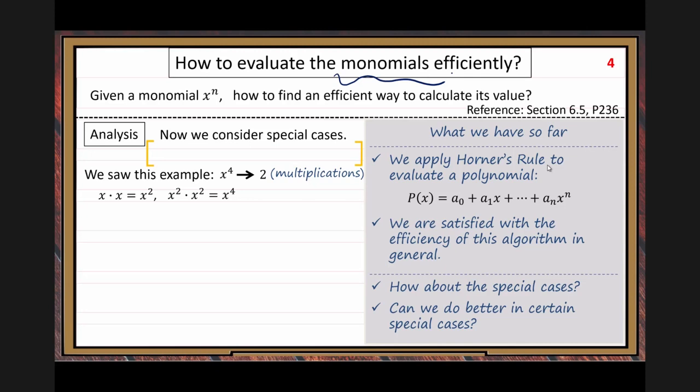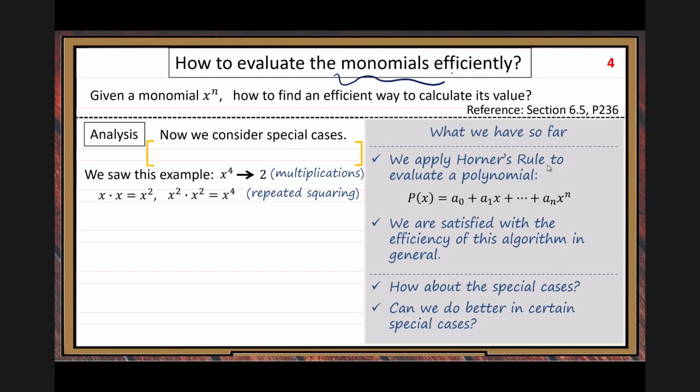So we skip that multiplication. If you wanted to take x squared times x for x cubed, it's not needed. So we save that multiplication. So we can do a little better for this x to the fourth. The reason we can do better is that we apply this repeated squaring technique.